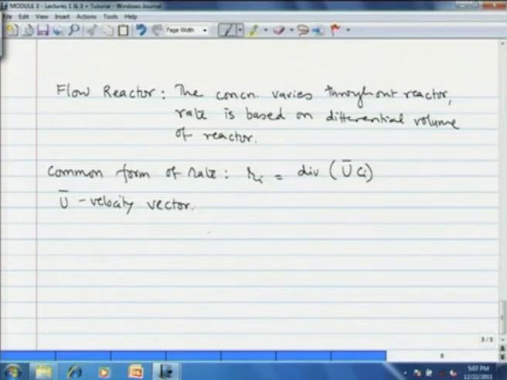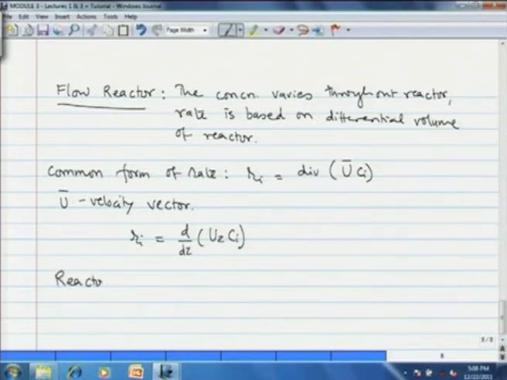Now, if we assume that the flow is predominantly in the z direction in a plug flow reactor, then we can convert the divergence into d by dz, and then the same expression becomes Ri is equal to d by dz into uz into Ci. So, basically what we are seeing are some common forms of equations for the design of batch as well as flow reactor.